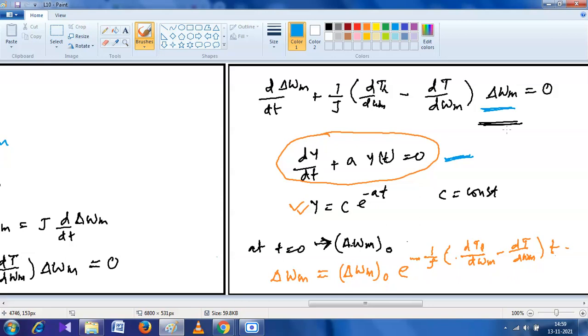That is the value of c. Here we are considering that at time t equal to 0, the initial value of delta omega is delta omega m0.